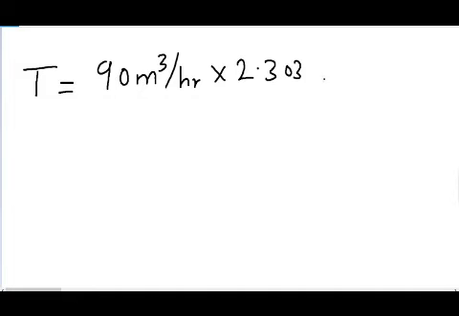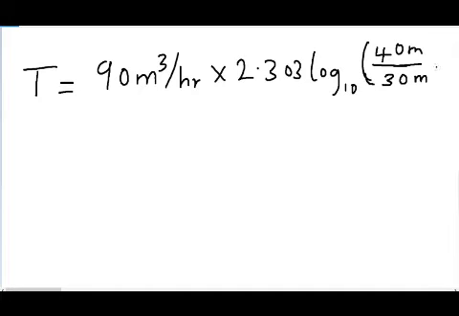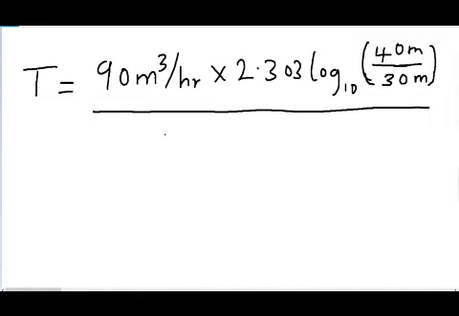So we have T equals Q, which is 90 cubic meters per hour, times 2.303 log base 10 of 40, which is the R2, over 30, which is the R1, divided by 2 pi times 4 minus 2.